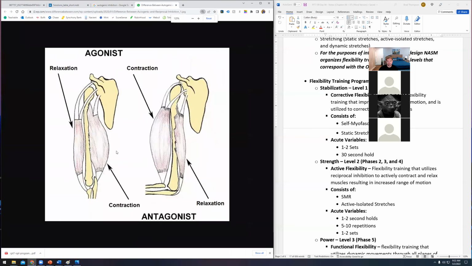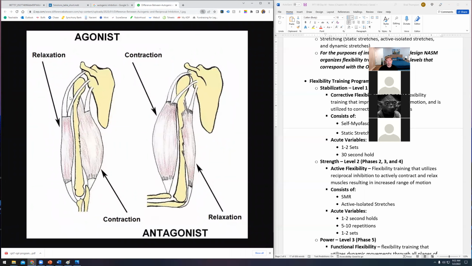If we look at this, you can see here's our agonist-antagonist situation. This is the biceps and the triceps. Here are our biceps on one side, here's our triceps on the other. When the arm is straight, the bicep is stretched out and the tricep is contracted.